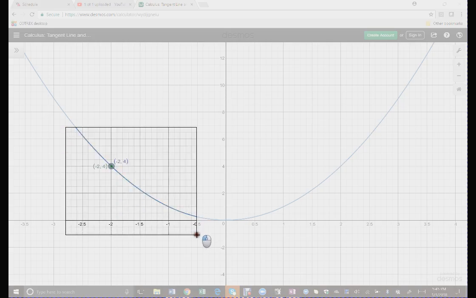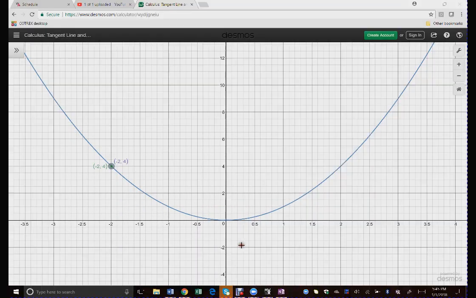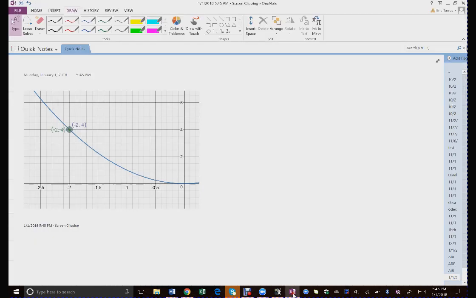Just looking at these 2 points, notice y2 and y1 are the same. So if I attempted an average rate of change, that's not a problem. 4 minus 4, I can have a 0 up there.